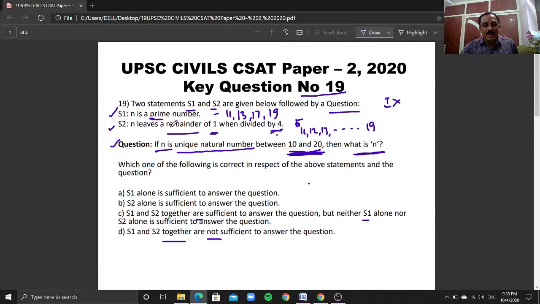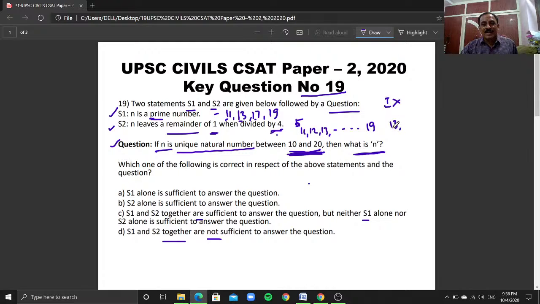The condition is that n is a prime number. Out of these, the 4 numbers are 11, 13, 17, 19. For example, 11: 4 twos are 8, the remainder is not 1. 13: 4 threes are 12, remainder 1.